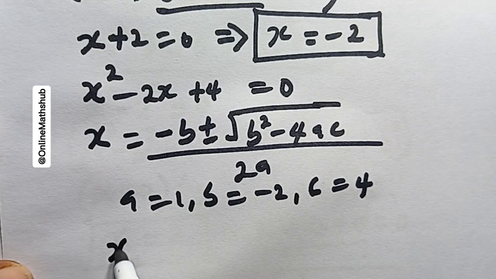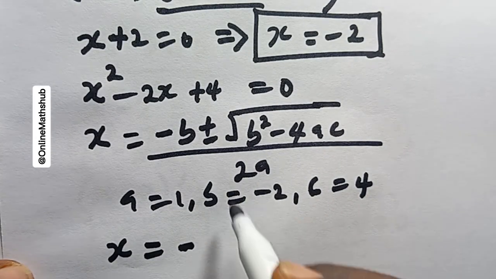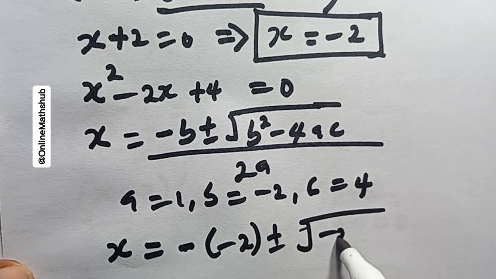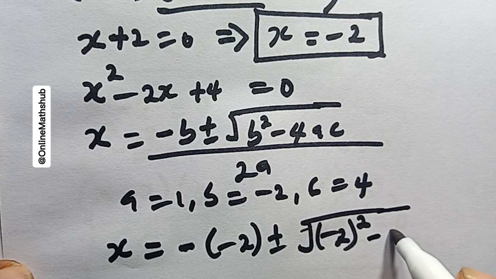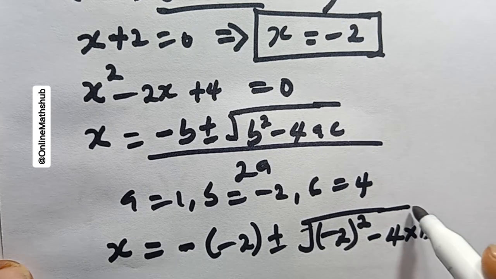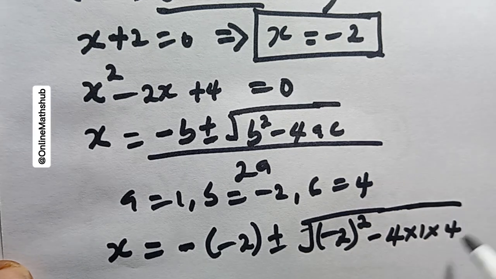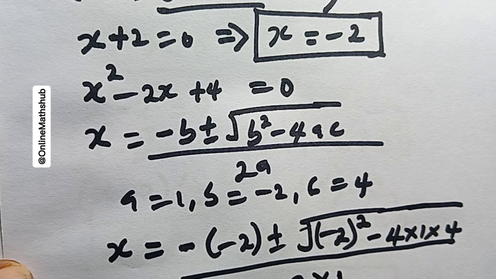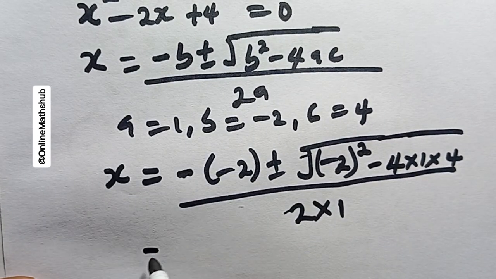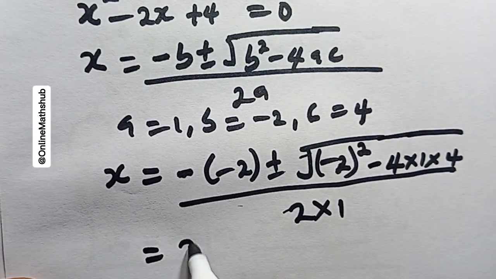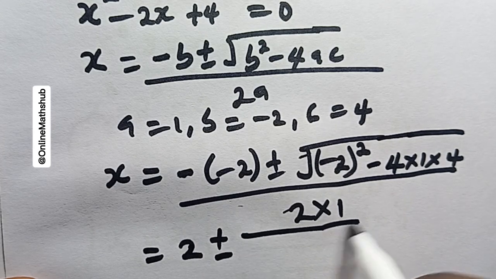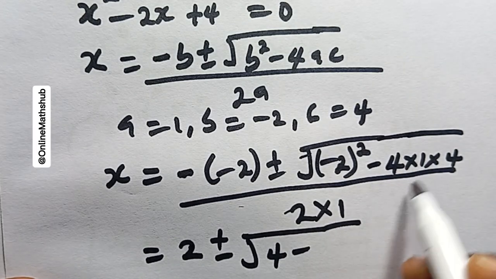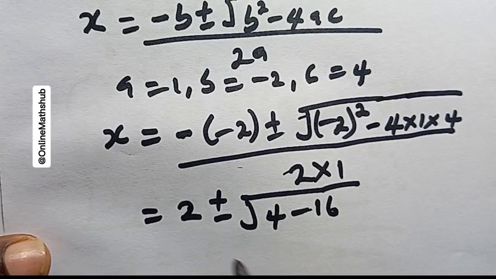If we replace all of those values, x will be equal to minus minus 2 plus or minus the square root of minus 2 squared minus 4 times 1 times c, and c is equal to 4, all of this divided by 2 times 1. Moving on, minus times minus is plus, and then plus or minus root of minus 2 squared, which is 4, minus 4 times 4 times 1, which is 16.